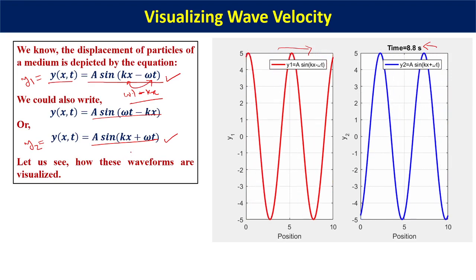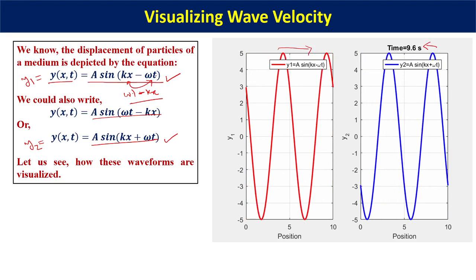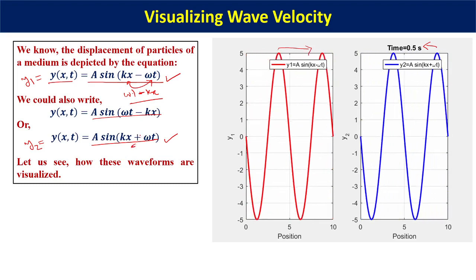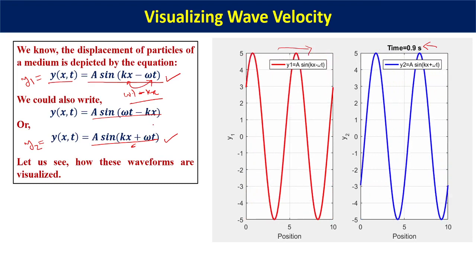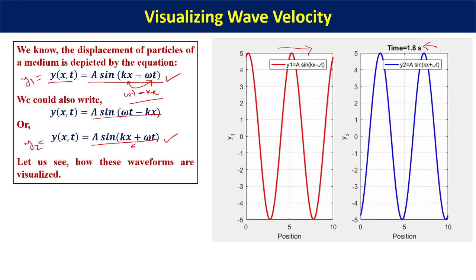How would you know in that case that this wave should go from left to right, or in the positive x direction, and this particular wave should go from right to left, or in the negative x direction? This is given by the constancy of phase, because we know the phase constancy gives us the velocity of the wave.